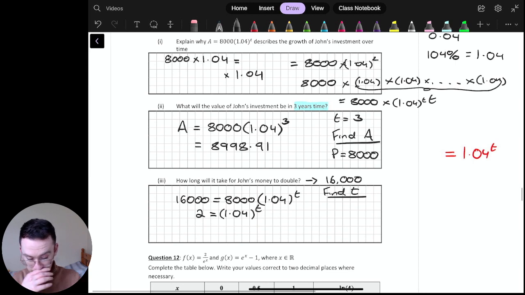1.04^T. Then what I can do is take the log of both sides. So we'll do log of 2 is equal to log of 1.04^T.